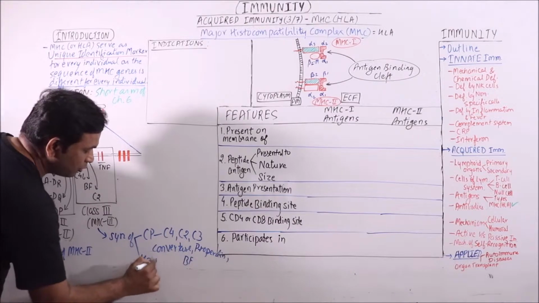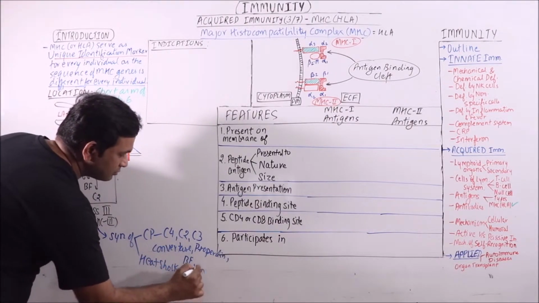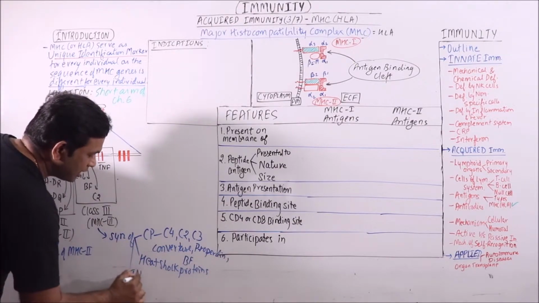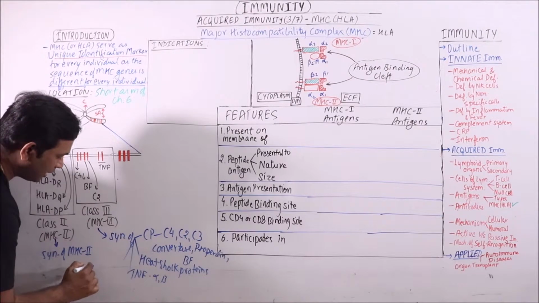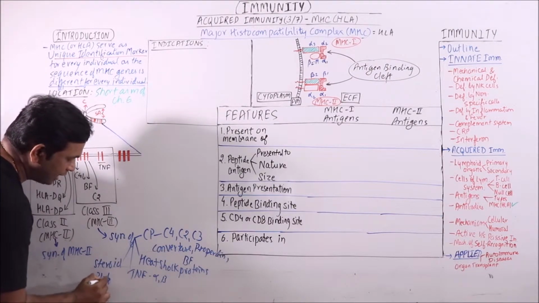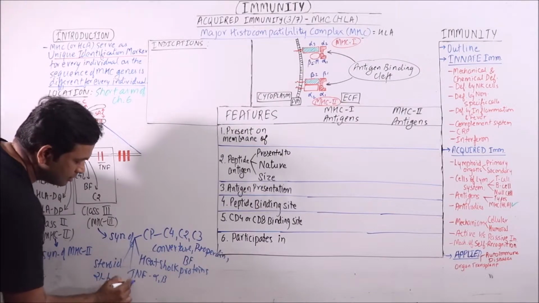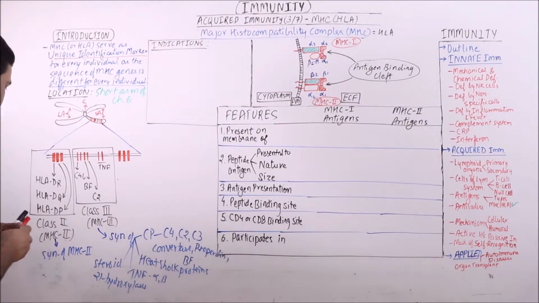Heat shock proteins are also synthesized. TNF alpha and beta are synthesized, and the steroid 21 hydroxylases are also synthesized by this complex.